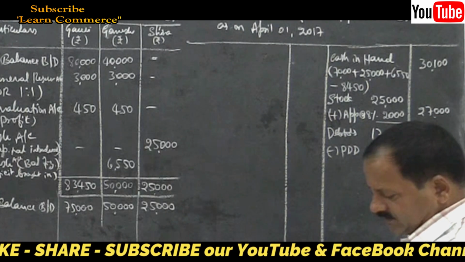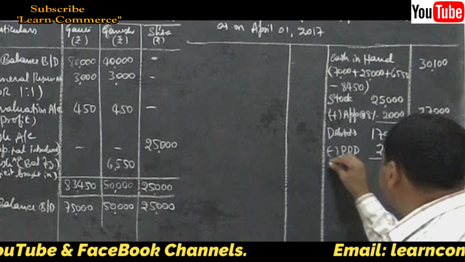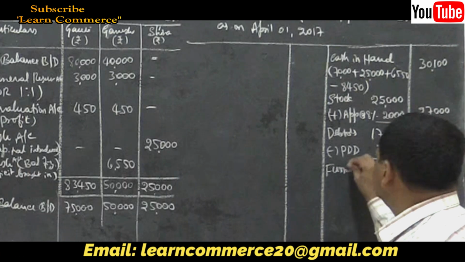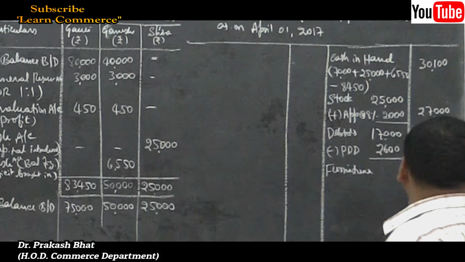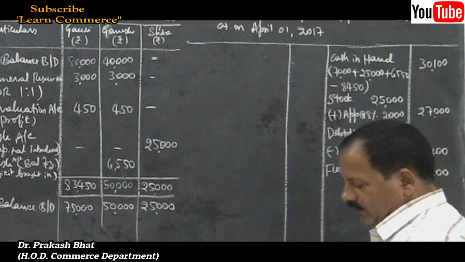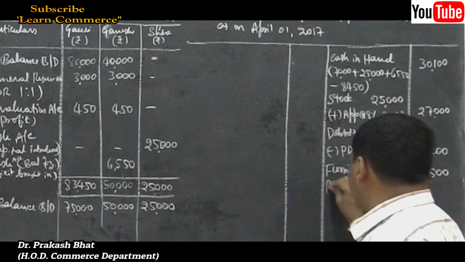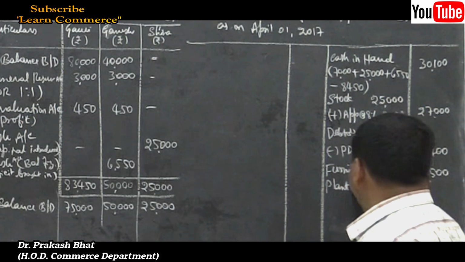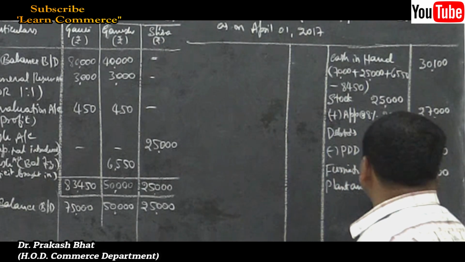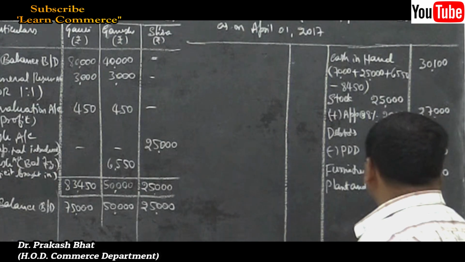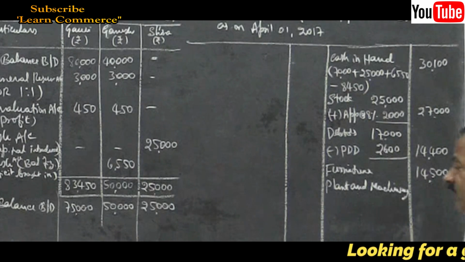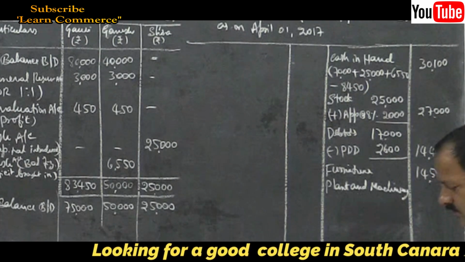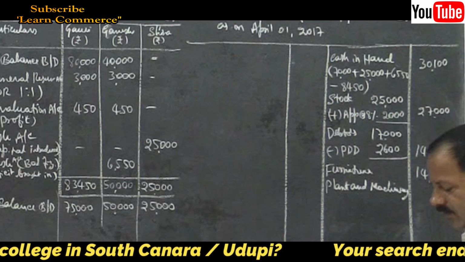Then furniture, there is no change. Write it as it is, 14,500. Then plant and machinery, no change. Don't write stock account, furniture account, machinery account, don't write that.